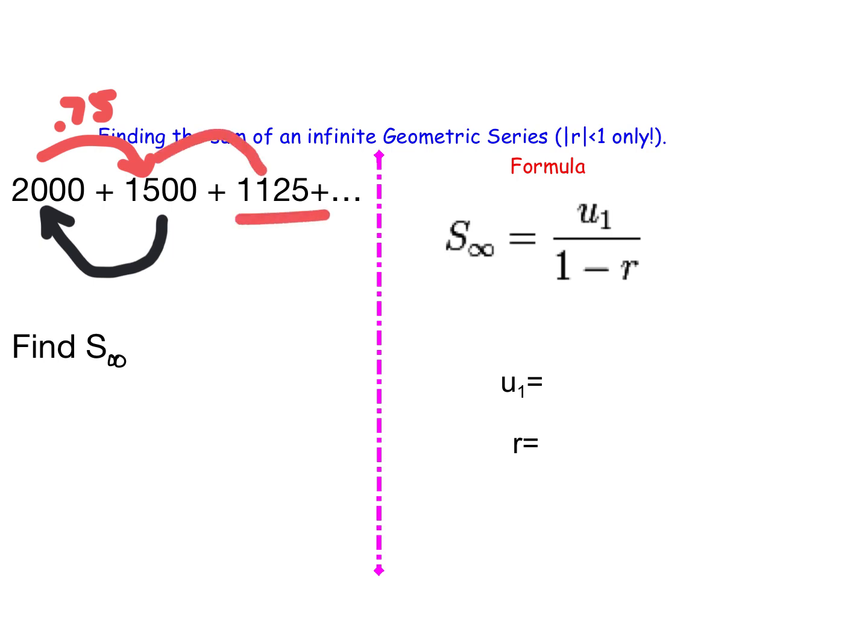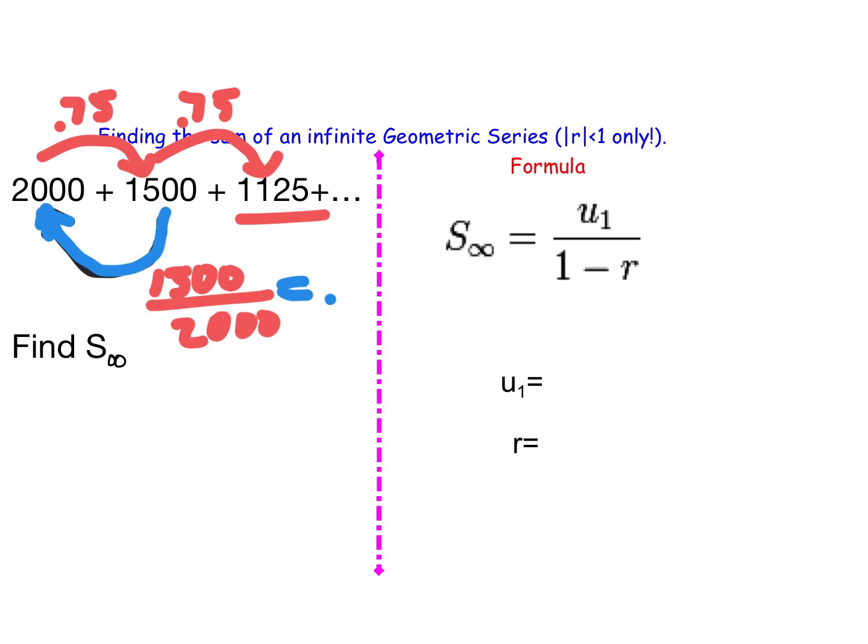Sweet, it worked. I'm multiplying by 0.75 each time. How do I get the 0.75? By 1,500 divided by 2,000. That's called the common ratio because it's a ratio of 1,500 to 2,000, which is 0.75.